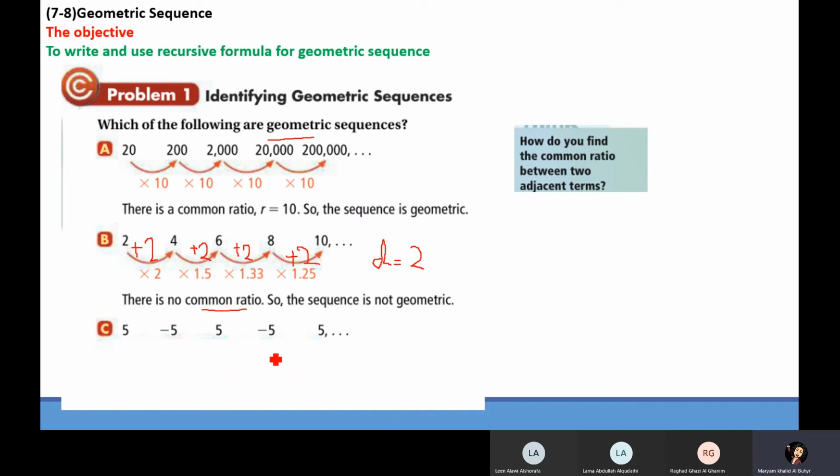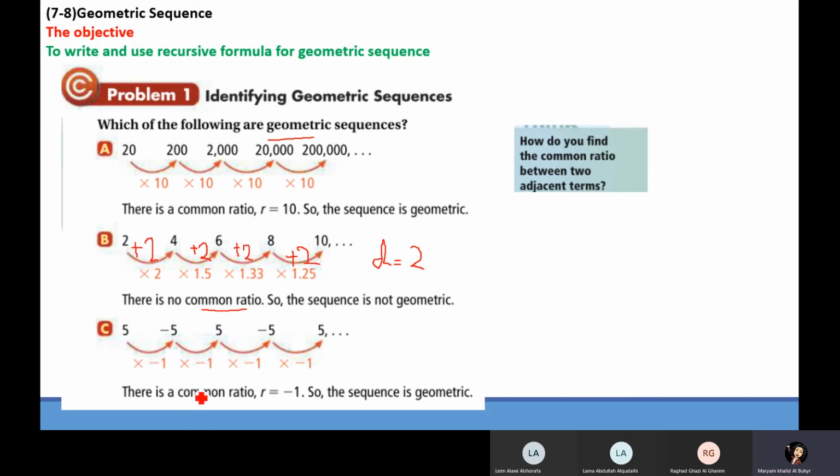Let's check the last one. The last one is 5 times -1, we will get -5, right? If we multiply by -1 again, we will get 5. If we multiply by -1 again, we will get -5. Again, if we multiply by -1, it's 5.